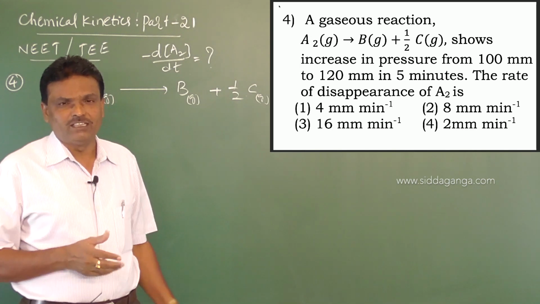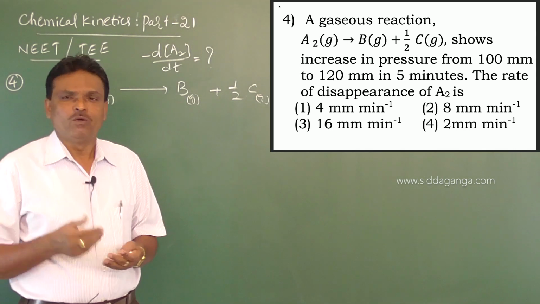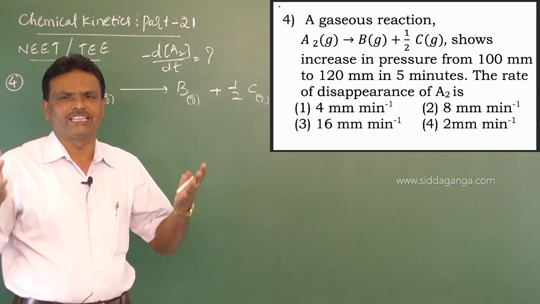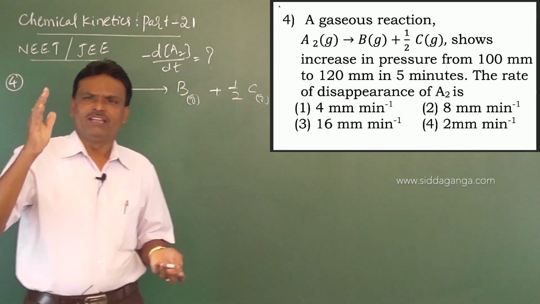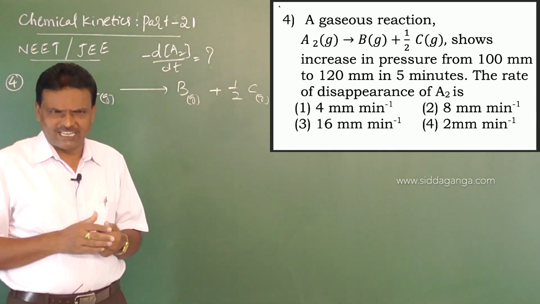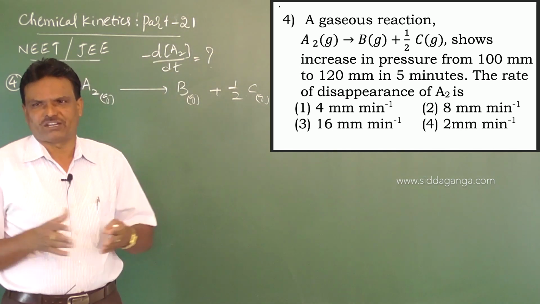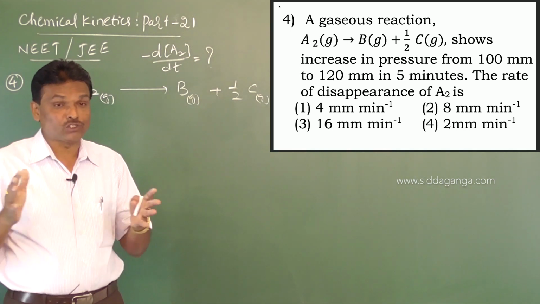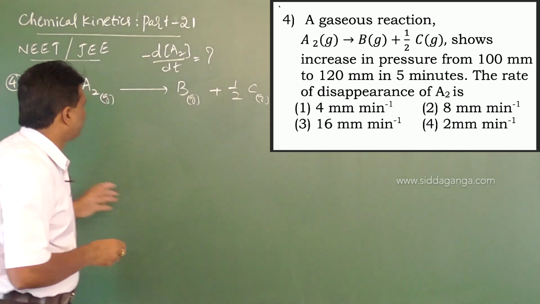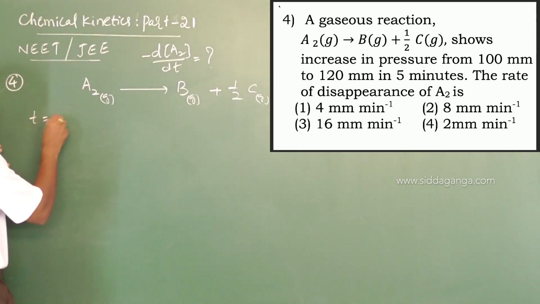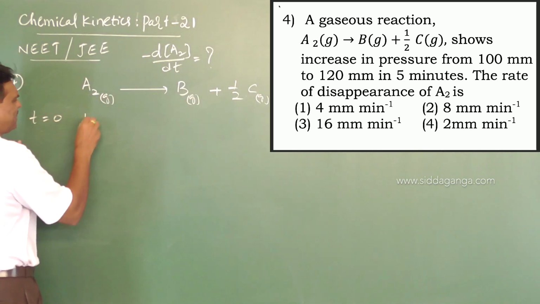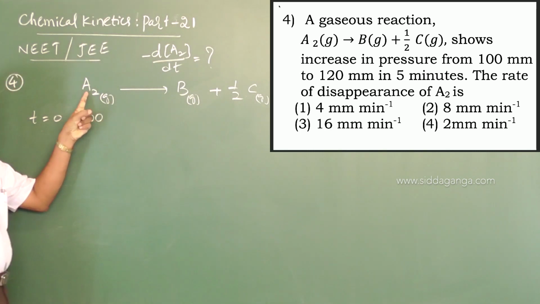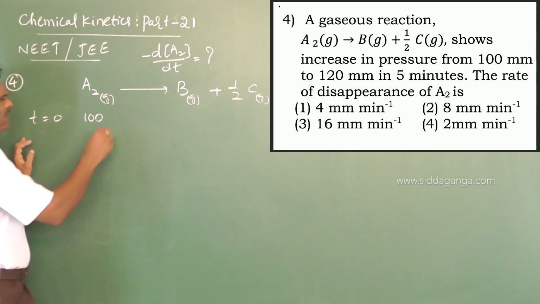So after 5 minutes, the total pressure becomes equal to 120 millimeter. That is the pressure exerted by A2, B and C. That is the total pressure. Is it clear? And what is the pressure exerted by A2? That is to be calculated. So here, at time T is equal to 0, the pressure exerted by A2 is 100 millimeter.